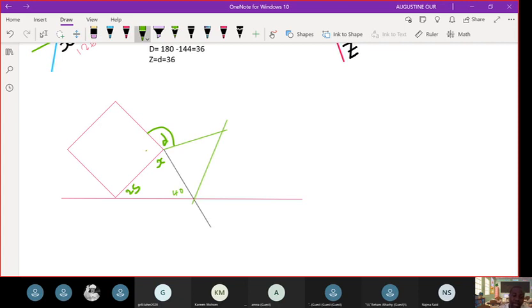And then we're going to find Z also. 40 plus 40 plus 25 plus X is what? 180. Okay, so we can find X that way, right? And one thing, don't forget, they say that this one is an equilateral triangle, right? So we start by finding X, which is the simplest thing. So it will be 180 minus 65, right?